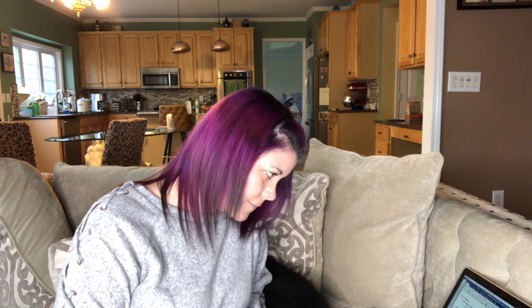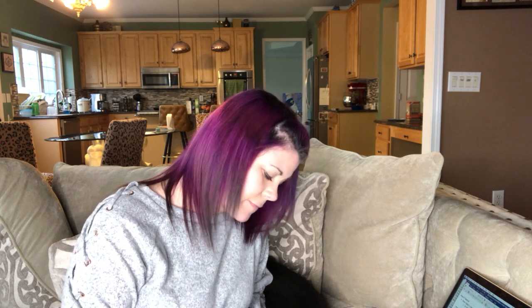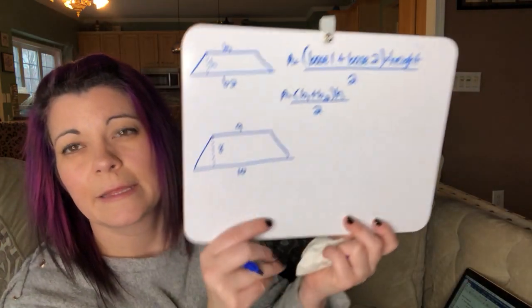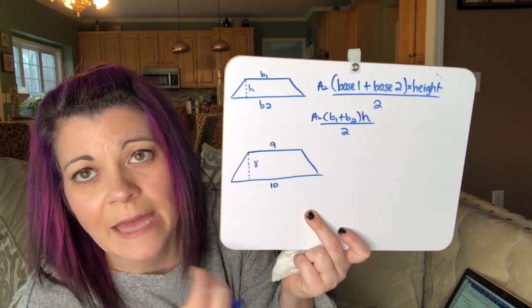So in this case, if I have a trapezoid and it looks like this, I want to know the area. So first of all, I add my 2 bases.